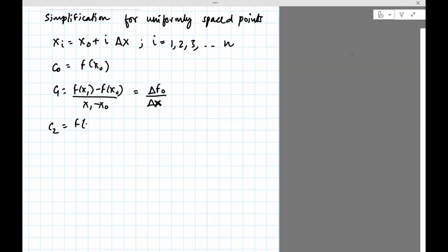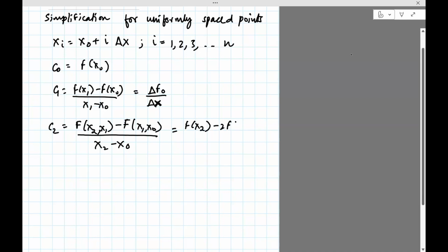Then we have C2, which involves x1, x0 and x2 minus x0. If you substitute that in terms of lowercase f, you end up getting f of x2 minus twice f of x1 plus f of x0 divided by 2 delta x square.